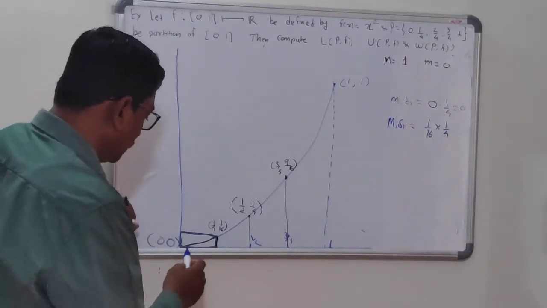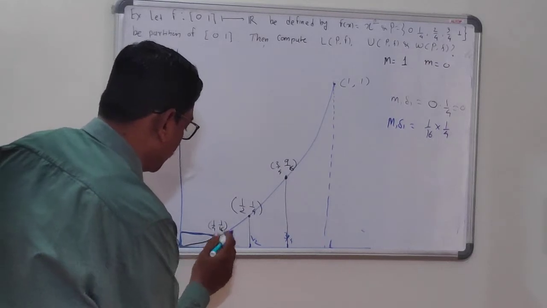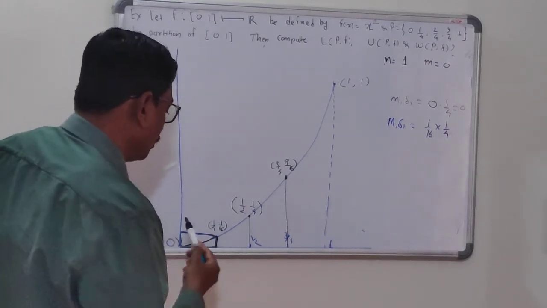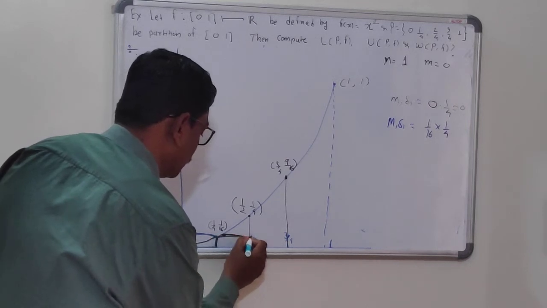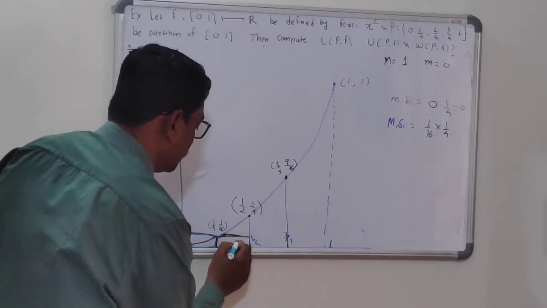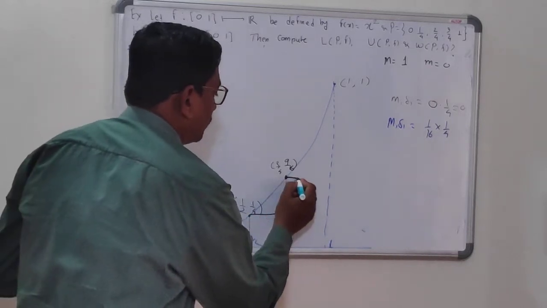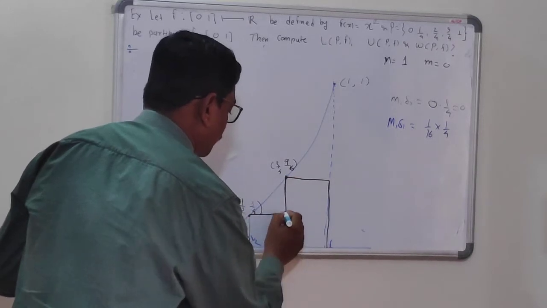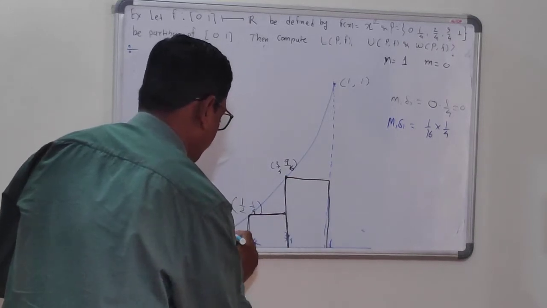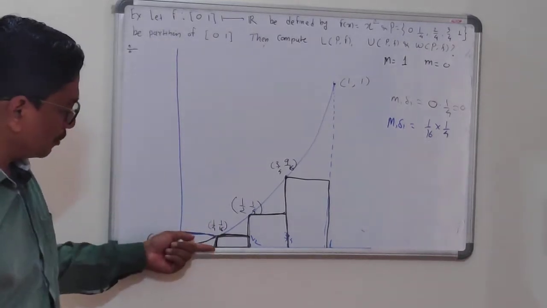Similarly, now area of this rectangle, okay, firstly I will show you the lower sum only. So this area, this is for second, this is for third, and this is for fourth. So this must sum this 0 area portion.